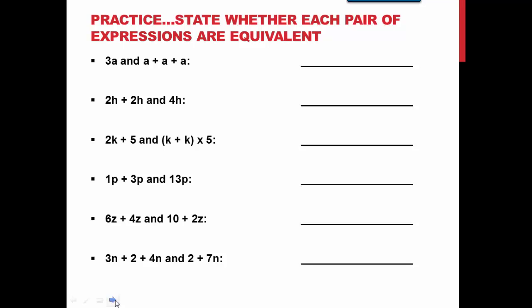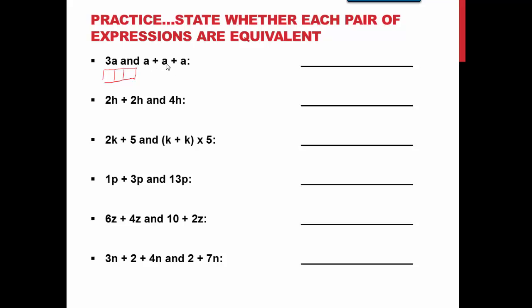Next, you're going to practice to state whether each pair of the expressions are equivalent. Let's look at the first one. 3a and a plus a plus a. Draw the bar model of the first one. 3 a's.